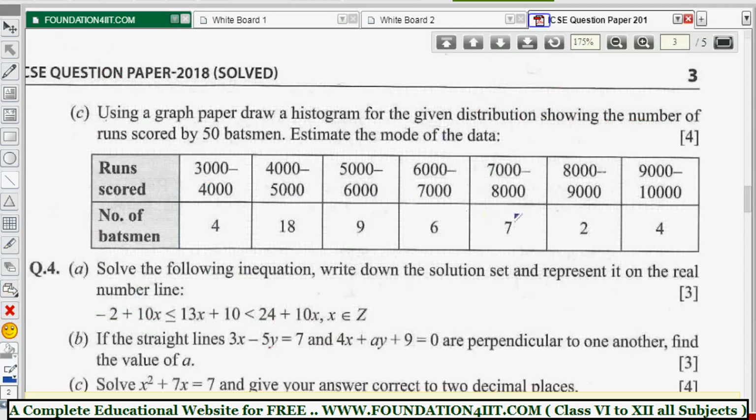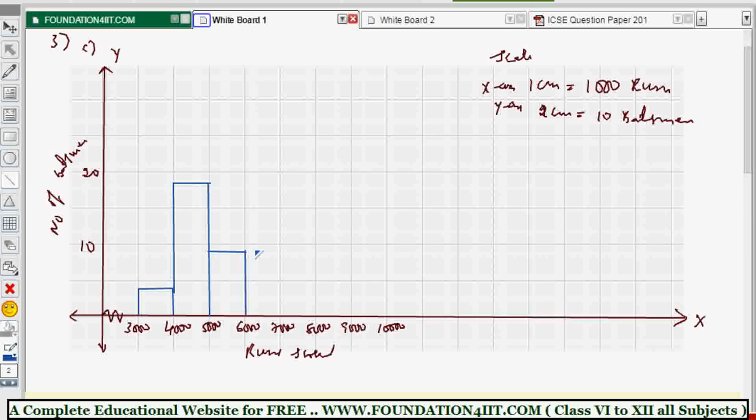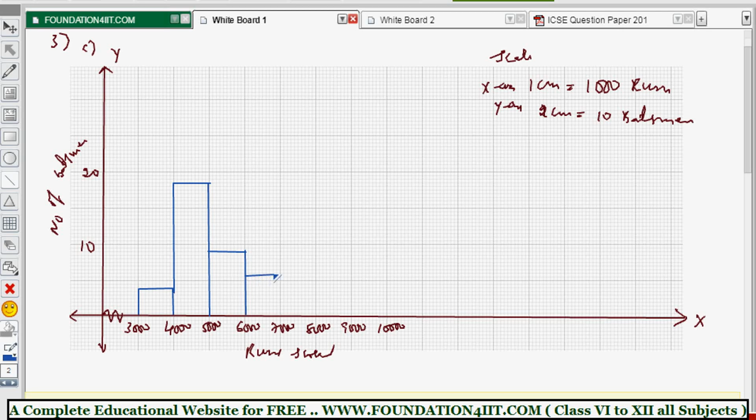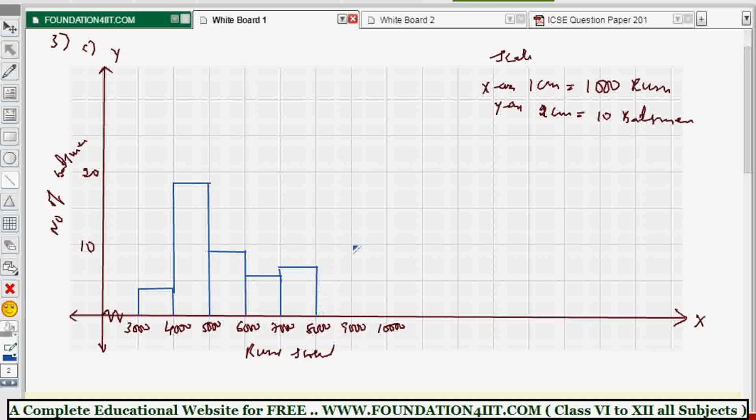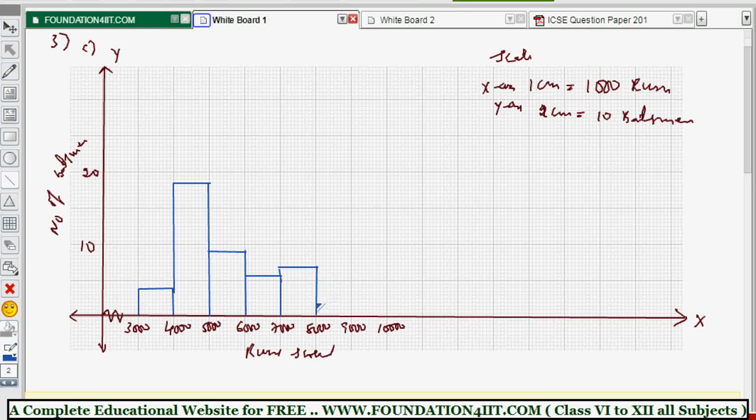Then 6, 7, 2, 4. Next 6. After 5, next 2 millimeters. So 6. Next is 7. 6, 7, 2 and 4. So this is the histogram till now.